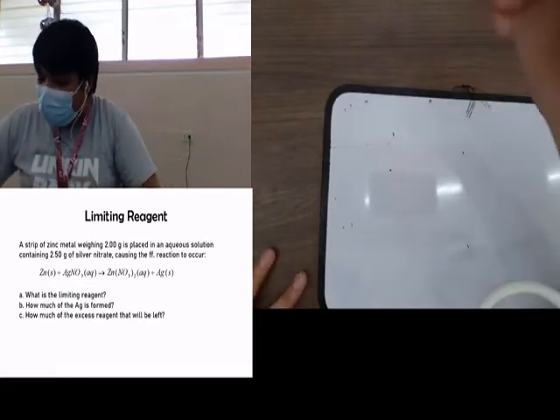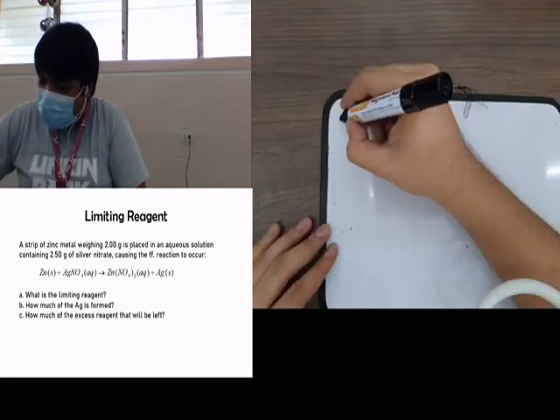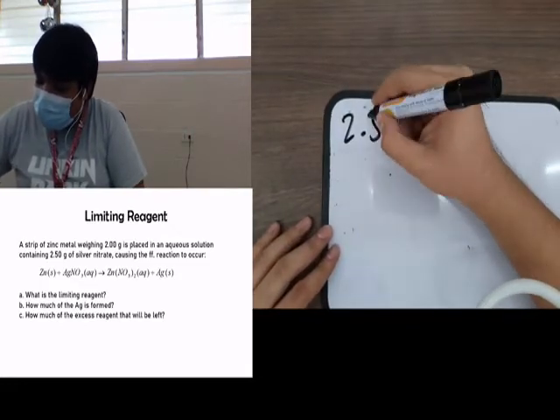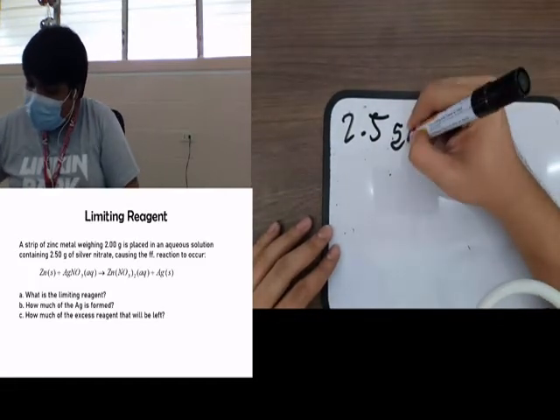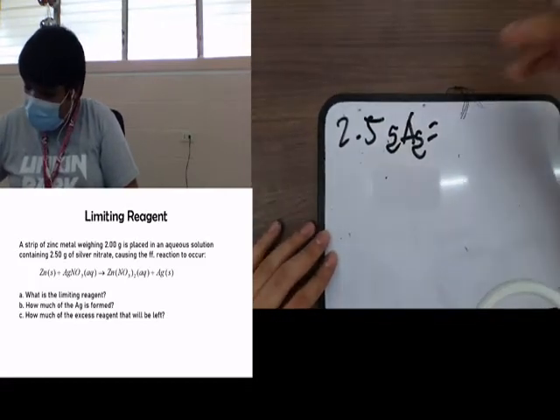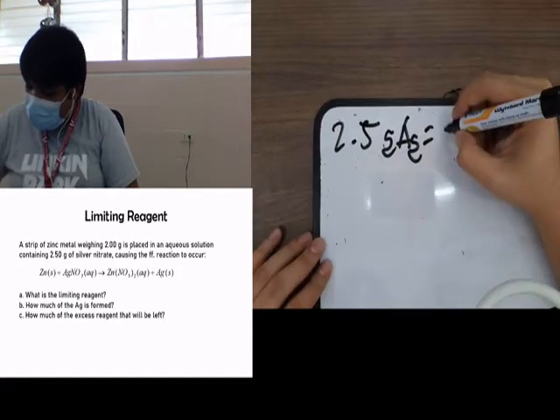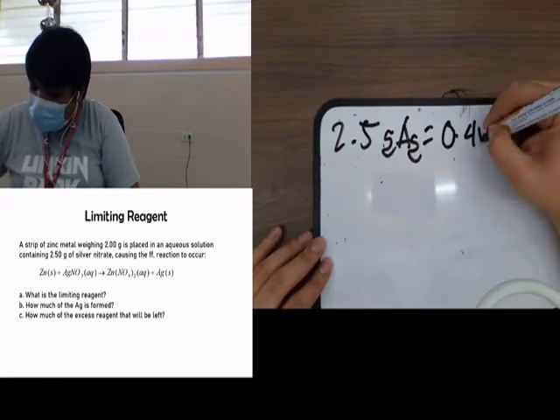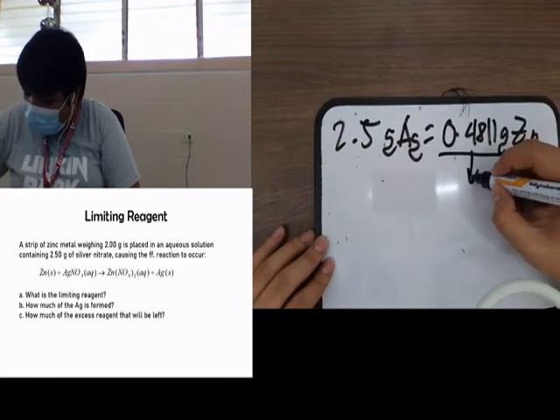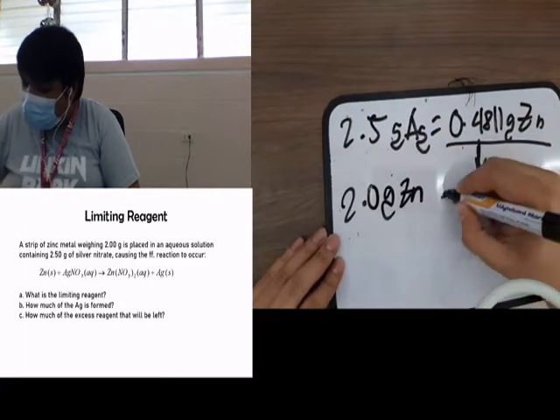So we have already obtained that in order to fully consume 2.5 grams of silver nitrate, we need around 0.4811 grams of zinc. Okay, so what we do is we subtract this value from the original 2.0 grams of zinc that was initially in the reaction.